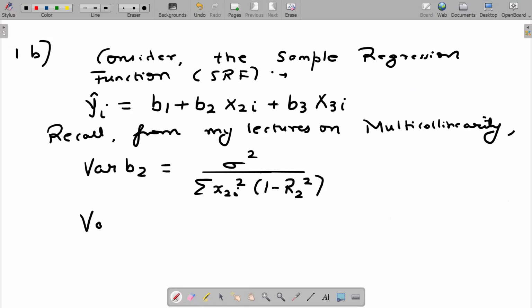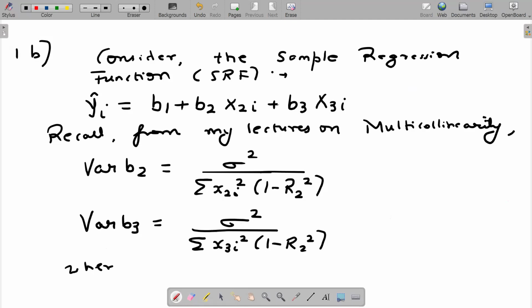And the variance of B3 was sigma square over summation small x3i square times 1 minus r2 square, where small x2i is capital X2i minus x2 bar, and small x3i is capital X3i minus x3 bar.